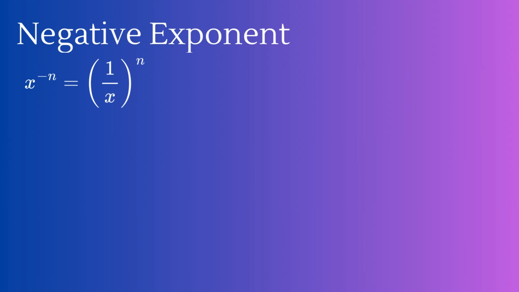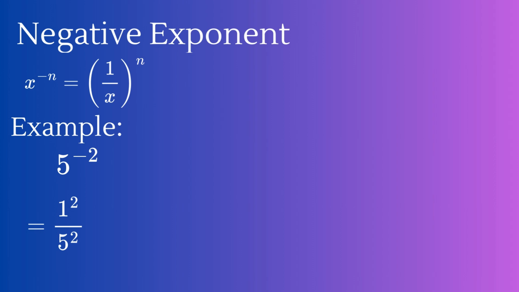So let's take an example of this so it would be more clear to you. 5 raised to the power minus 2. Then we would simply apply this rule, so it would become 1 divided by 5 square, right? Then, as we have understood, the power would become positive as we have taken the reciprocal, so 1 square divided by 5 square.